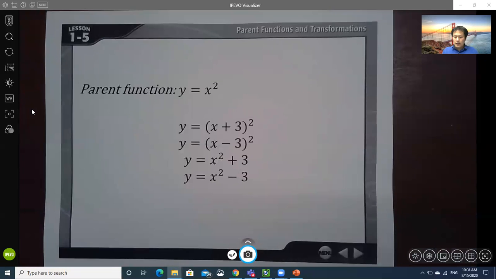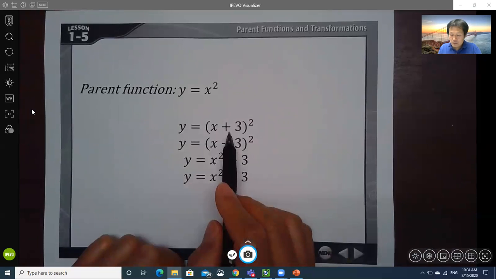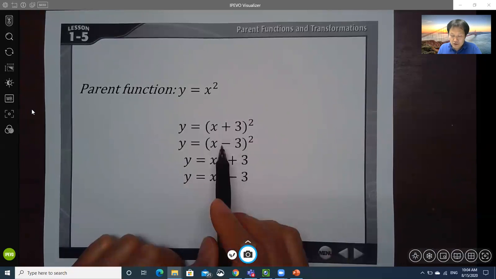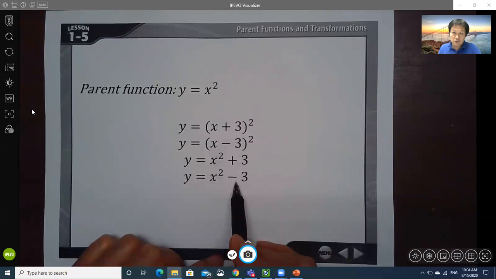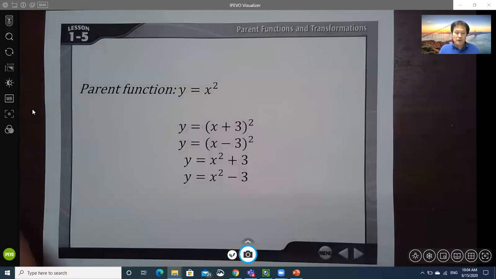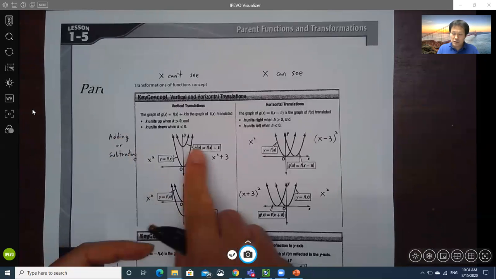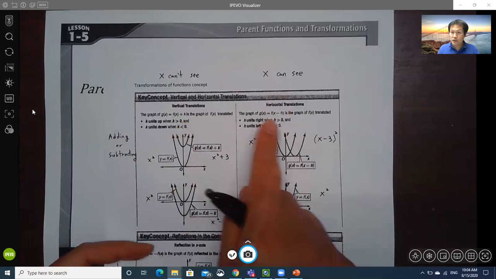Knowing that, you should understand we are adding 3, we are subtracting 3. So we are adding a number, subtracting a number. That's what I meant by adding or subtracting. That means it's a translation, shifting.